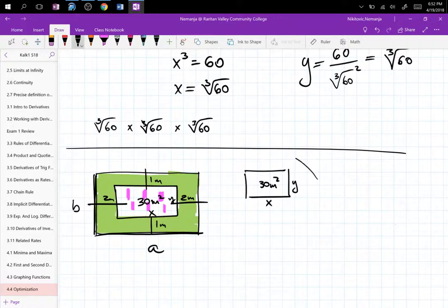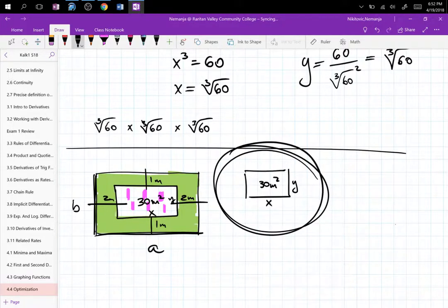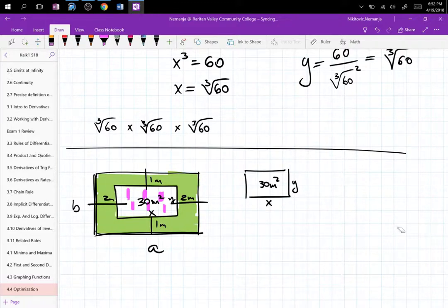Guys, what's obvious as an equation that I have to write? xy equals 30. Thank you. xy equals 30. That's obvious because you have the area of the rectangle that you know is 30. We shouldn't be thinking about that. It's done, right? xy equals 30. Now we have to start thinking.